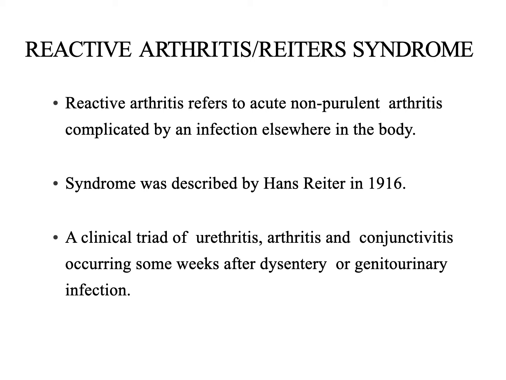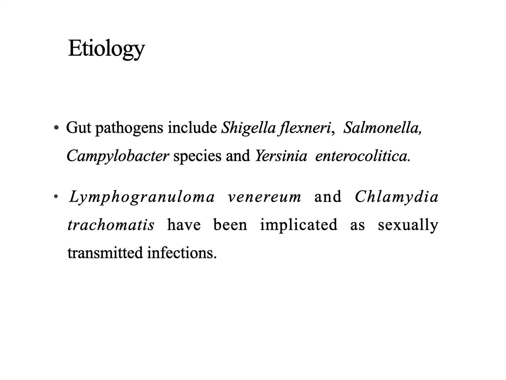A clinical triad of urethritis, arthritis and conjunctivitis occurs some weeks after dysentery or genitourinary tract infection. The etiology includes gut pathogens like Shigella flexneri, Salmonella, Campylobacter species and Yersinia enterocolitica. Lymphogranuloma venereum and Chlamydia trachomatis have been implicated in sexually transmitted infections.